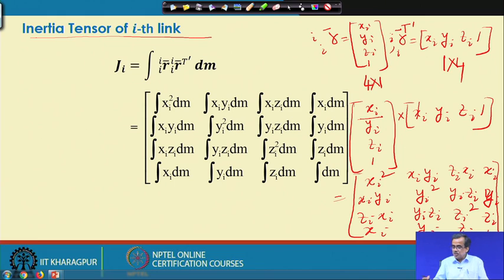So, this is the 4 cross 4 matrix which we will be getting, and this is exactly the same as this.